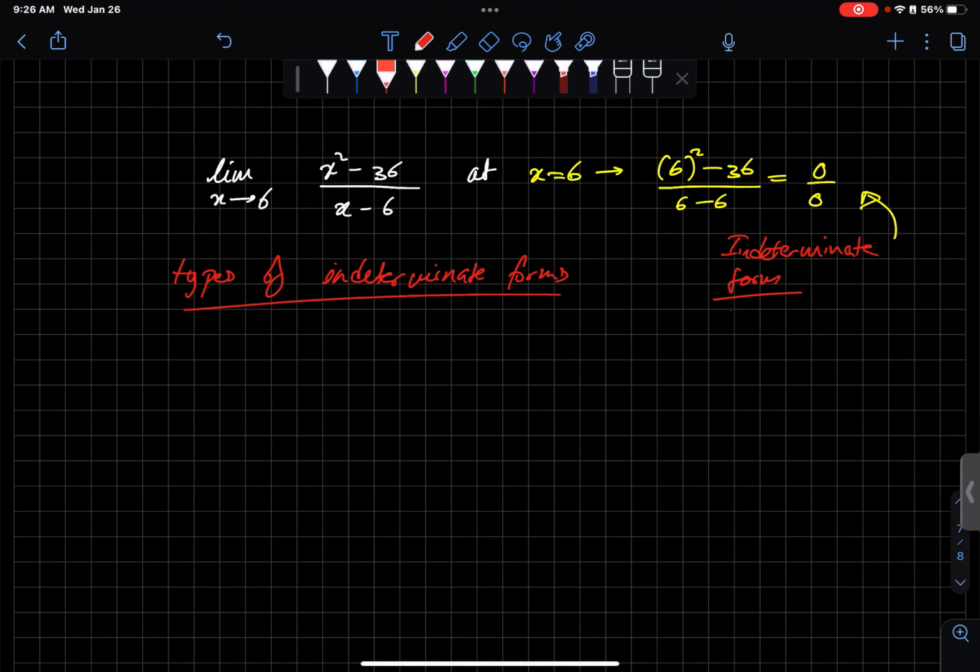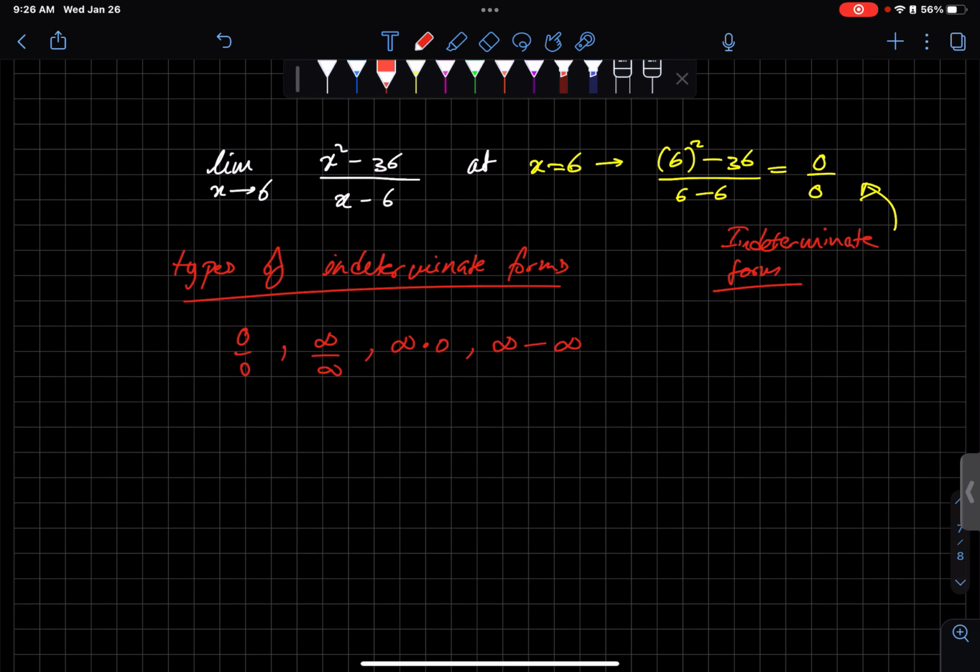We have 0 over 0, that's 1. We have infinity over infinity, that's another one. We have infinity times 0, that's another one. And infinity minus infinity.